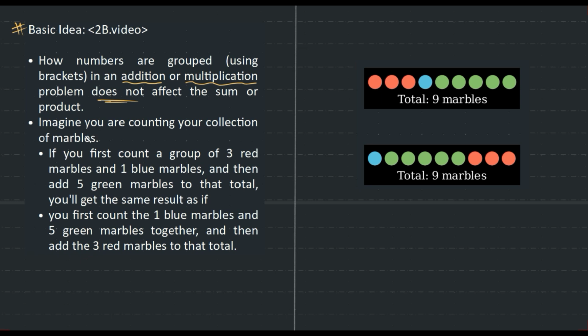Imagine you are counting your collection of marbles. Okay. If you first count a group of 3 red, like over here, and 1 blue, like over here again, and then 5 green marbles to that total, you will get the same result as if, right? So this leads to 9 marbles.